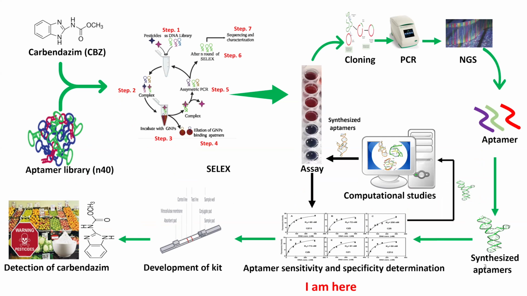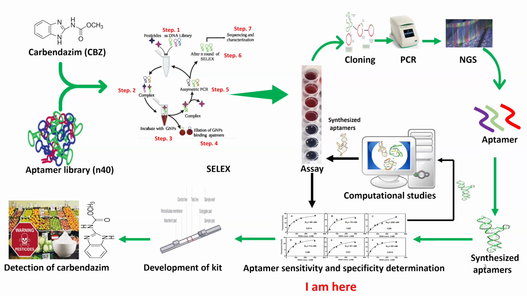First, as you can see, the pesticide molecule and the aptamer come into contact, and we add the gold nanoparticle. This is also known as gold SELEX, because it is a non-immobilized method. There is no need to modify either the aptamer or the small molecule, so the number of epitopes available for interaction with the aptamer is high.